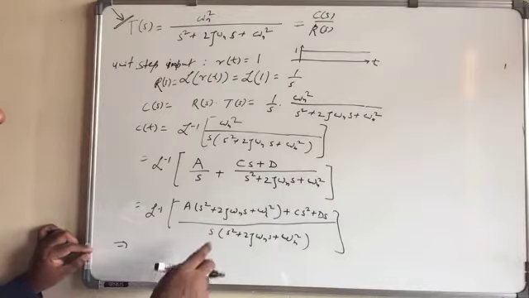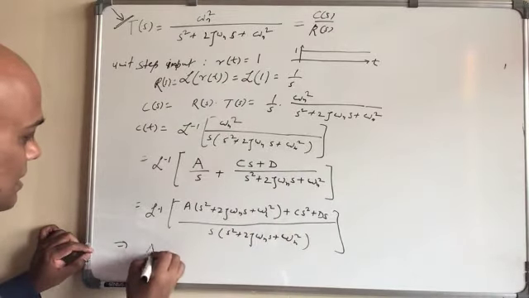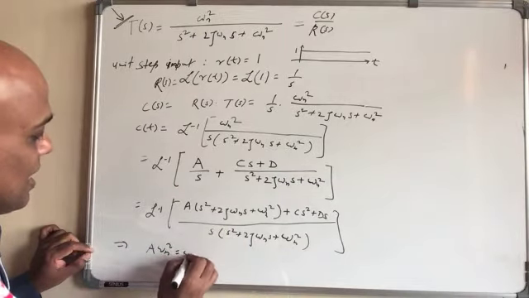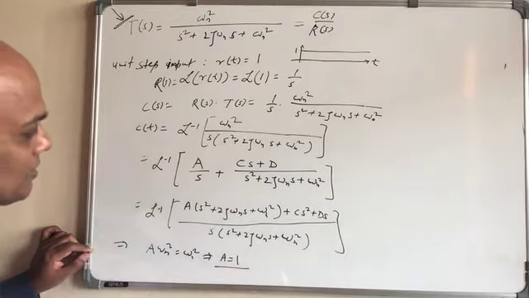Hence omega n square is the constant, so A times omega n square equals omega n square. That tells you A equals 1 simply.